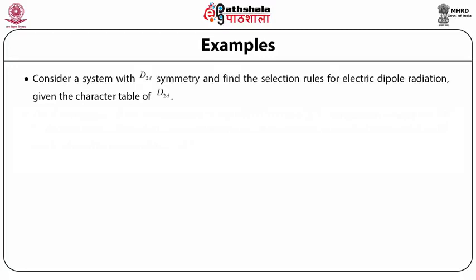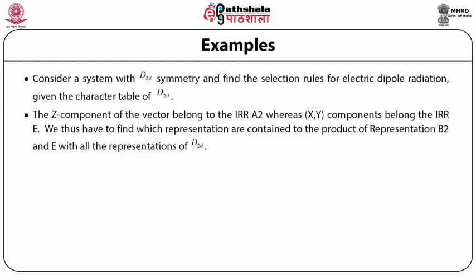The character table of D2d is given. The Z component of the vector belongs to the irreducible representation B2, whereas the X and Y components belong to the irreducible representation E. So what we have to do then is to find which representations are contained in the product of the representations B2 and E with all the representations of D2d.